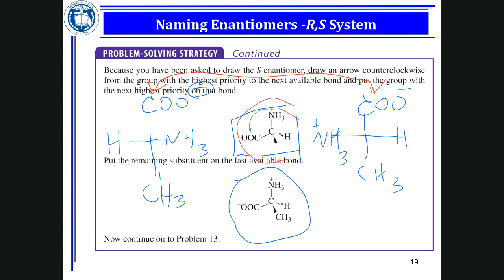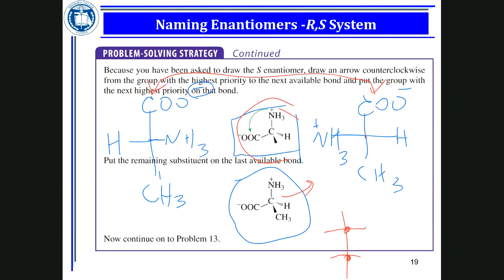So to move the perspective structure to Fisher projection, count how many chiral centers you have, use cross lines. If you have 2 chiral centers, you're going to use 3 lines. So you have 1 chiral center in this cross point and a 2nd chiral center in this cross point. But if you have 1 chiral center, just 1 point is good enough.